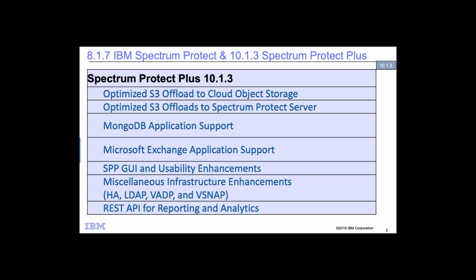We introduced support for Microsoft Exchange in the application, so we're supporting two new applications, MongoDB and Exchange. And we made a significant number of small usability enhancements to the GUI, to the infrastructure, and to the reporting and to the APIs. So I want to go over all of those as we go through the slides.